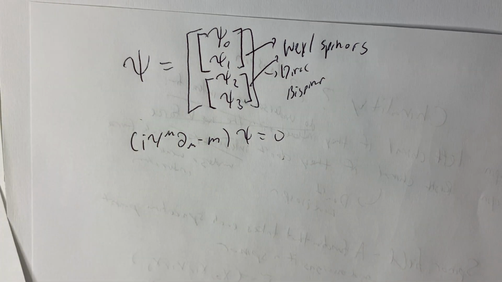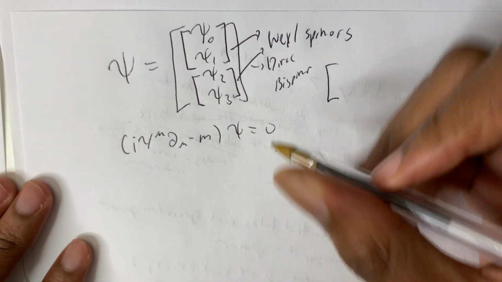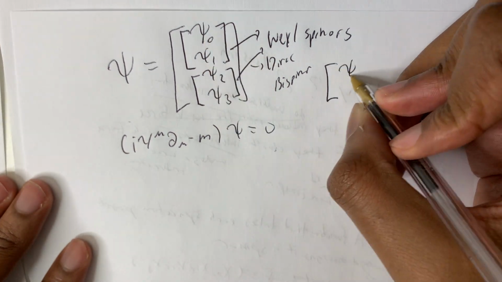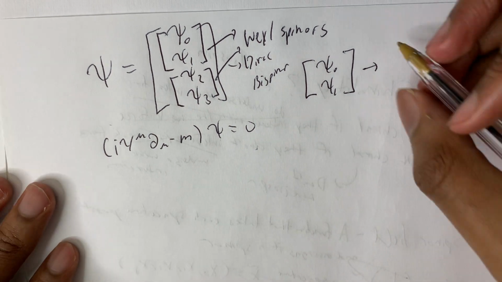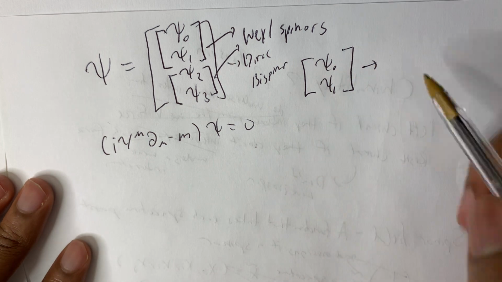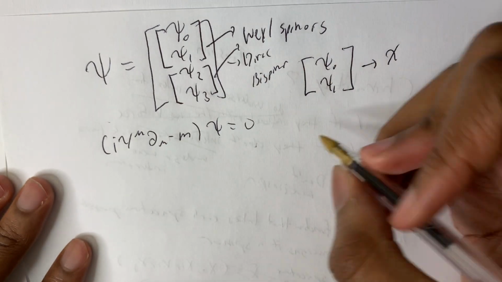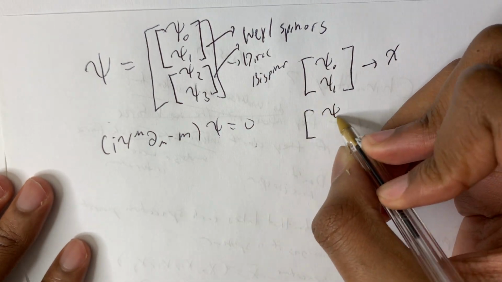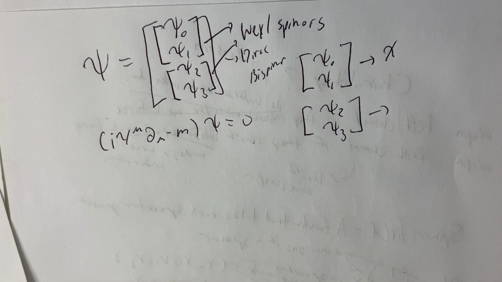That's the definition of a Weyl spinor. We use the symbol chi for the upper part, and for the lower part people usually use the symbol zeta.